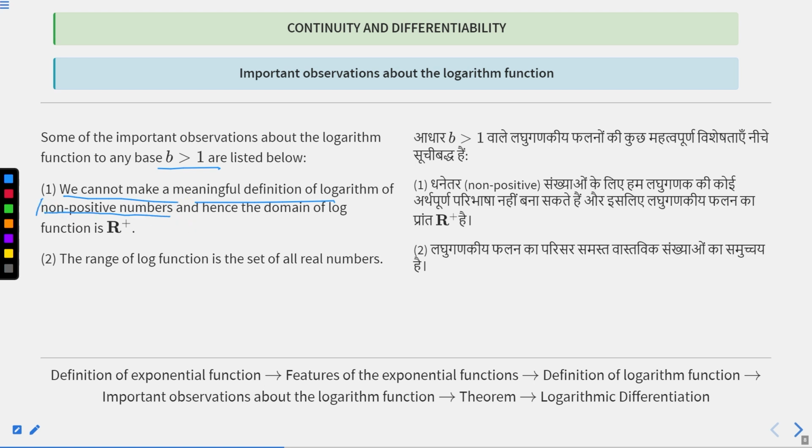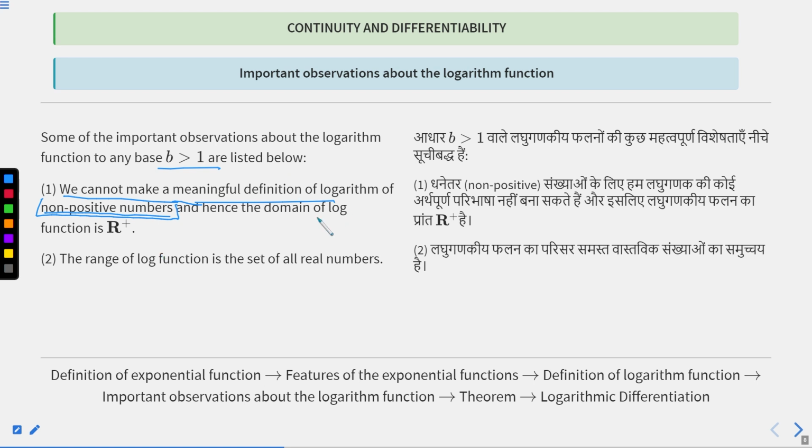That means we are including 0 in it. Non-positive numbers means every real number except positive real numbers. In other words, the numbers will be negative numbers and 0 also will be there.